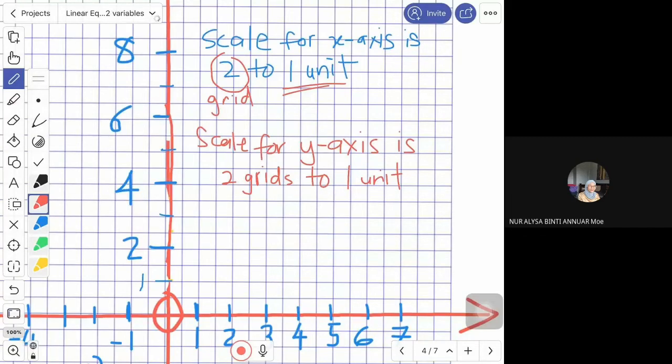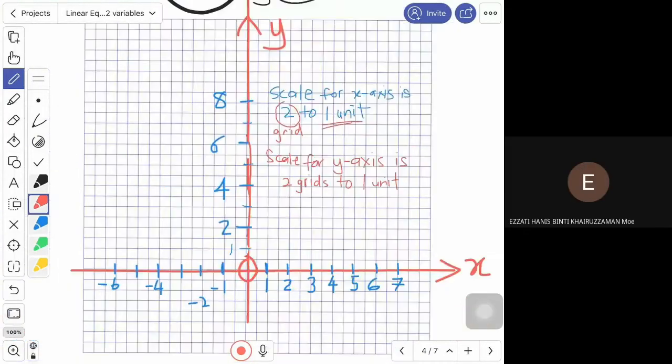Can we have a different scale for both axes? The x-axis scale different from the y-axis. Can we have that? Can we? Yes, we can.